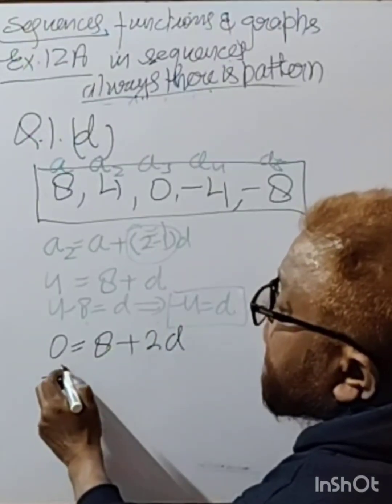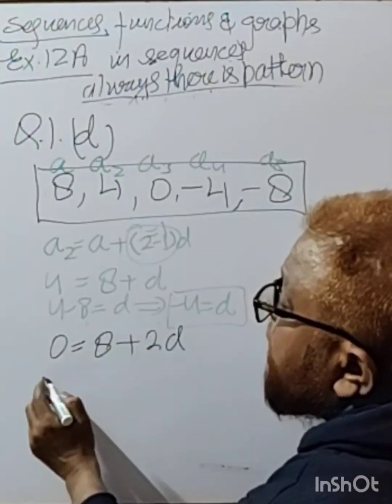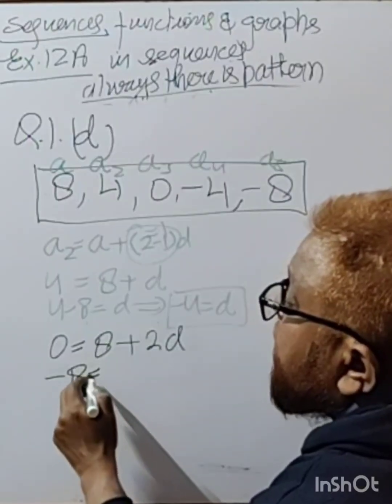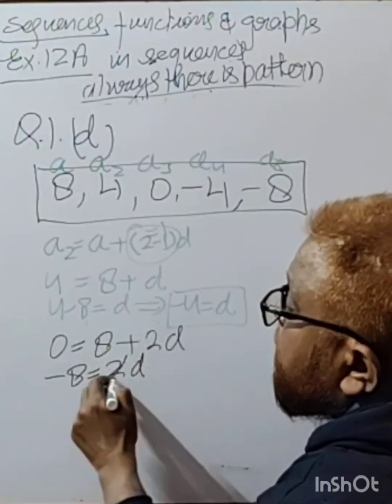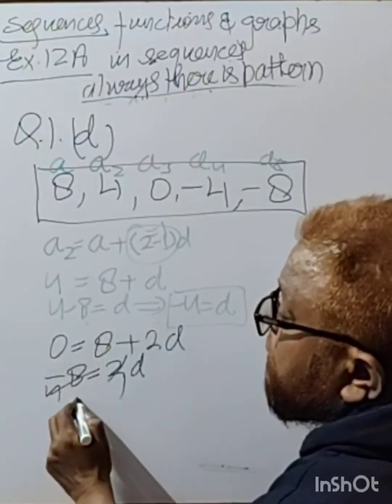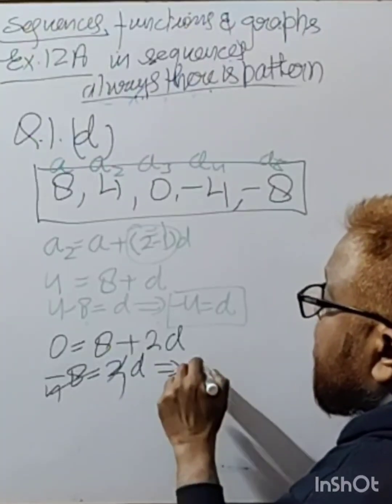So minus 8 is equal to 2D. So D is again minus 4.